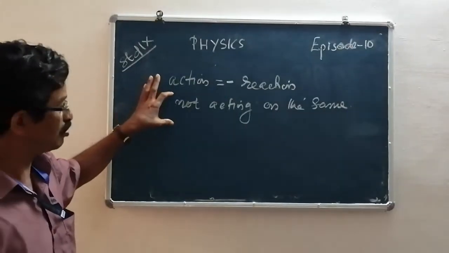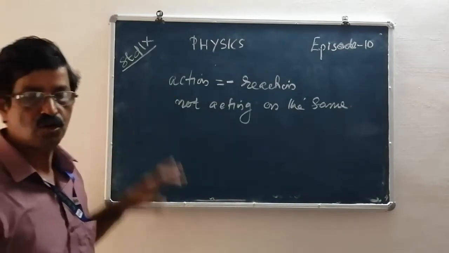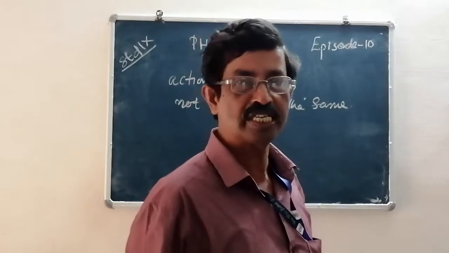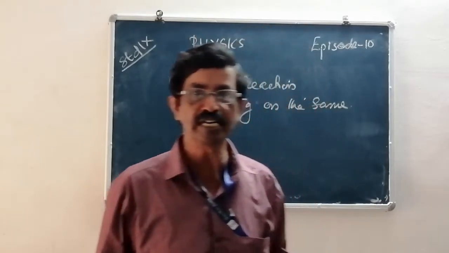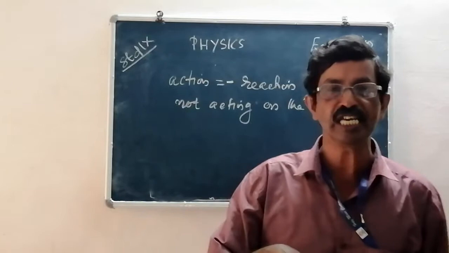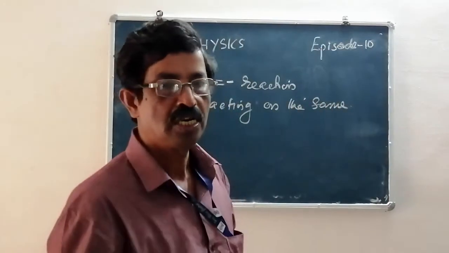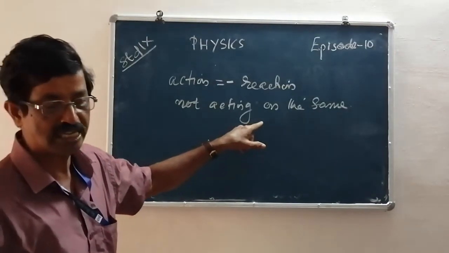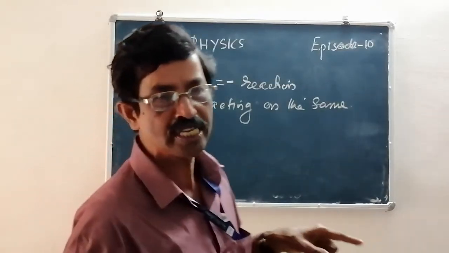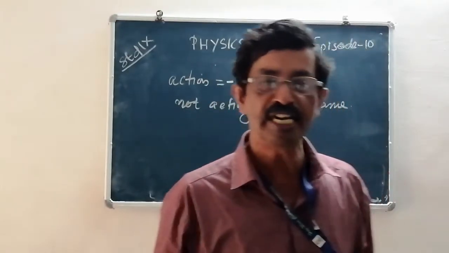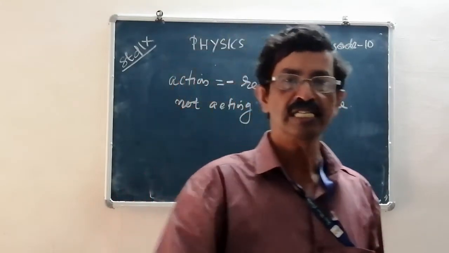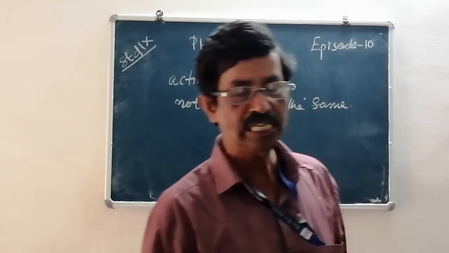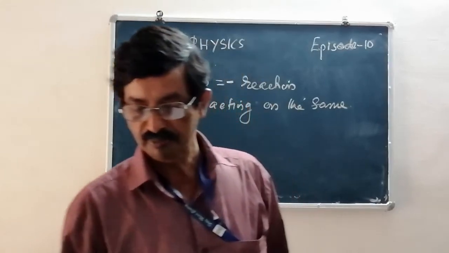Here, to move the cart, the horse exerts a force on the ground in the backward, downward direction. Then the ground exerts an equal force on the horse in the opposite direction, which is forward, so it can move forward.